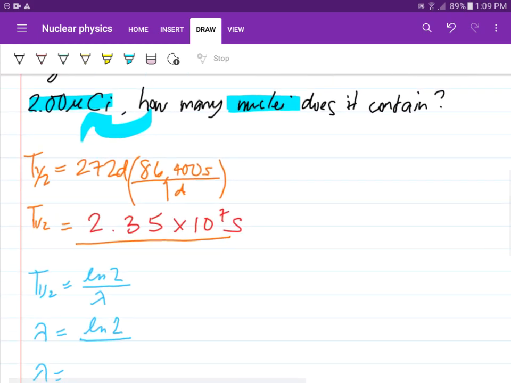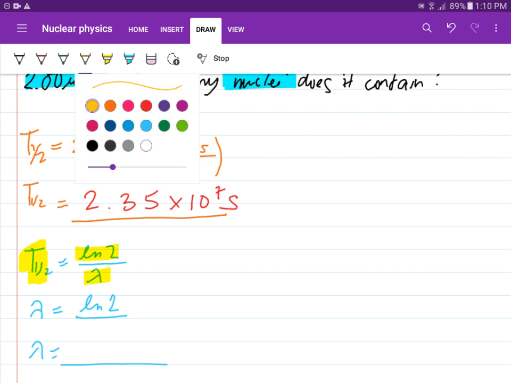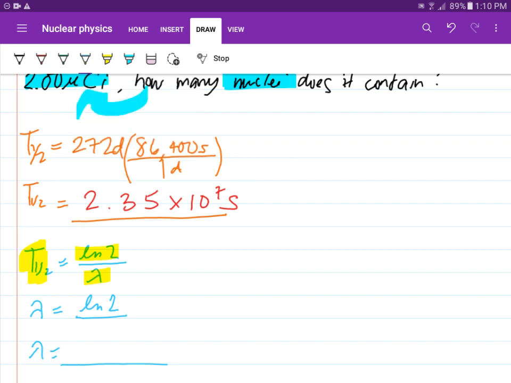And next, we can now solve for the decay constant. The decay constant is related to the half-life by this equation. T sub 1/2, or the half-life, is equal to natural log of 2 over the decay constant. So we can solve for the decay constant, which is ln of 2 divided by 2.35 times 10 to the 7 seconds.